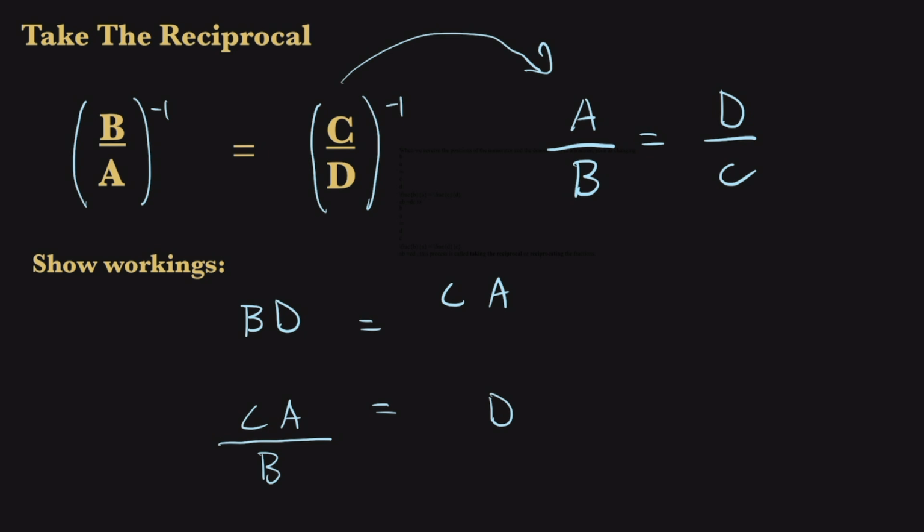And if we were going to divide both sides by C, we would end up with that, which is AB equals DC.